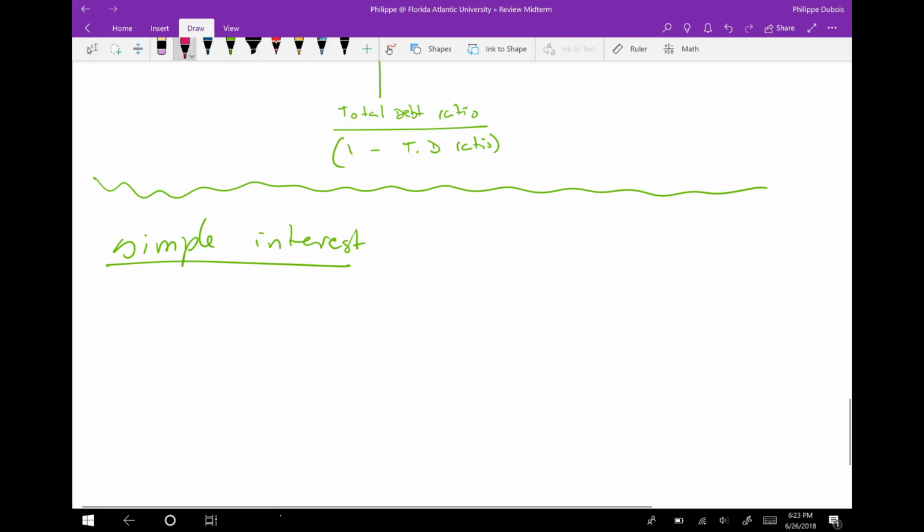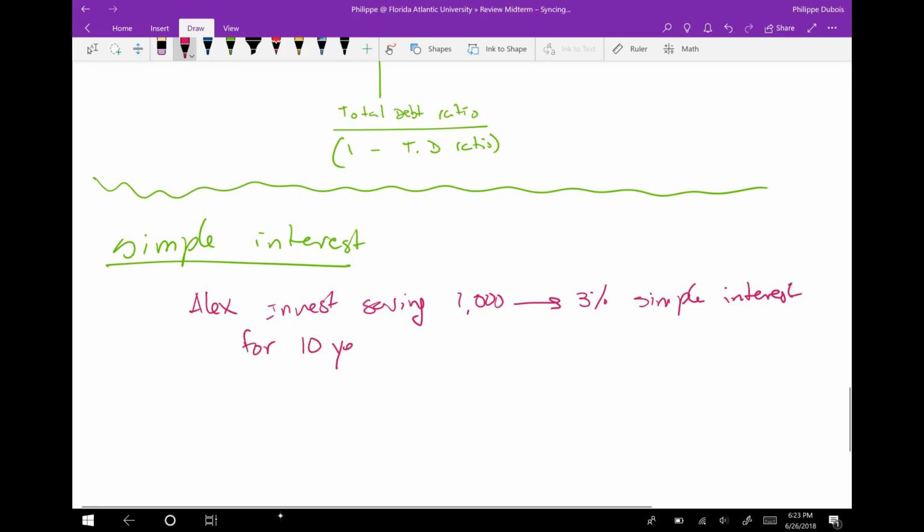Let's say that Mr. Alex invests in a savings account $1,000 that pays him 3%. We'll use 3% simple interest, and he wants to know what his amount is after 10 years.